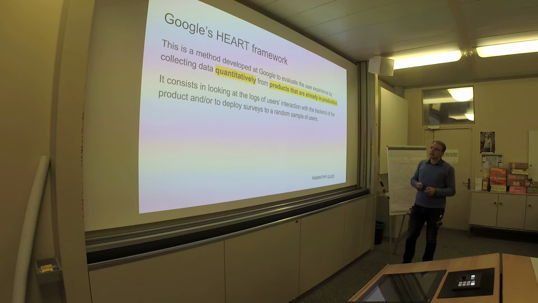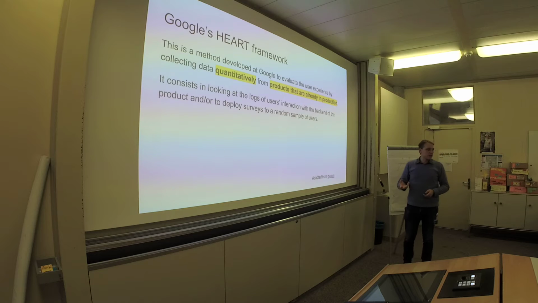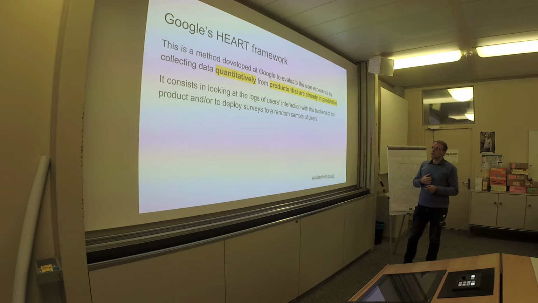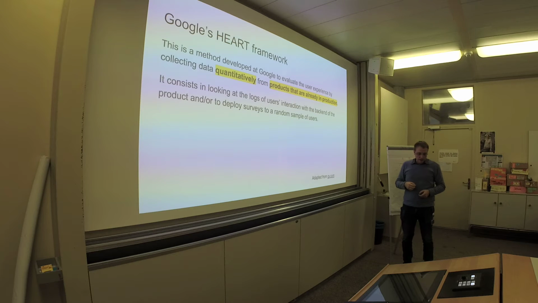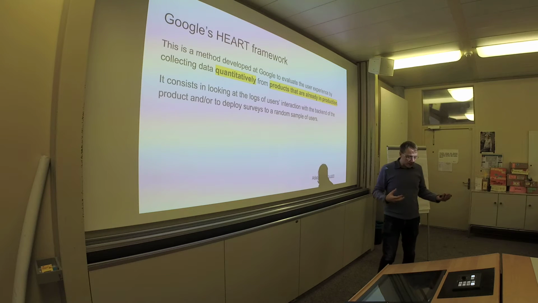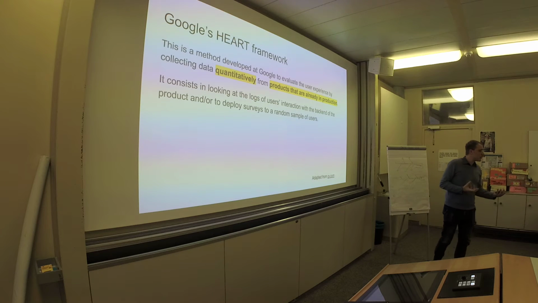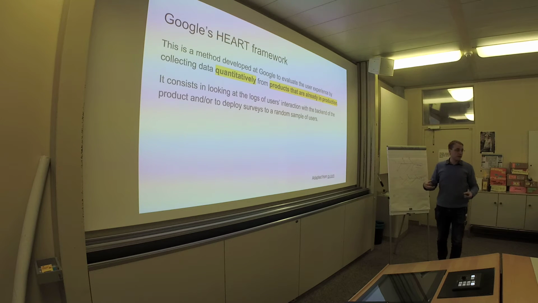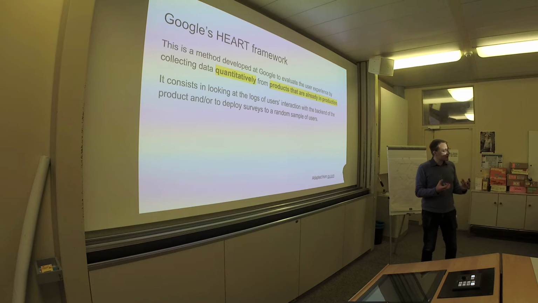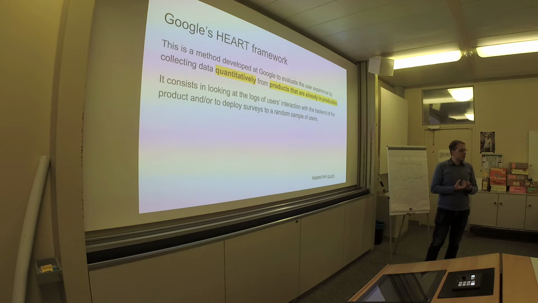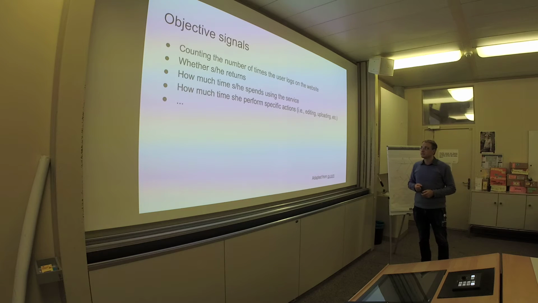But essentially, it's a method to collect quantitative data for products that are already in production, okay? So there is obviously a combination of logs that you need to have also instrumented your app with, but also surveys. And we are going to see how these two things can be combined together in a very powerful manner.